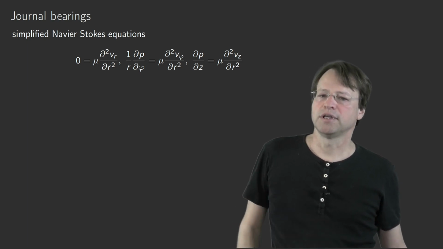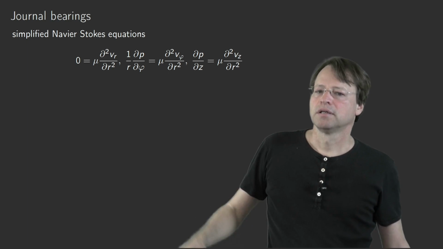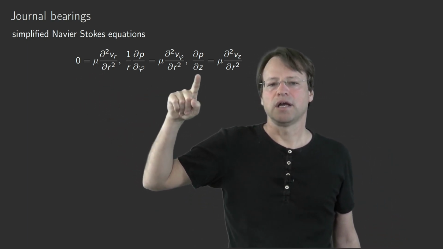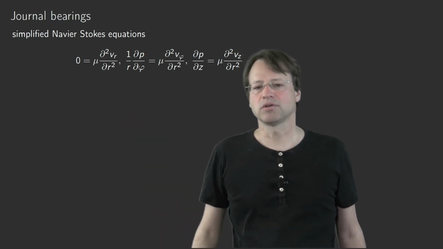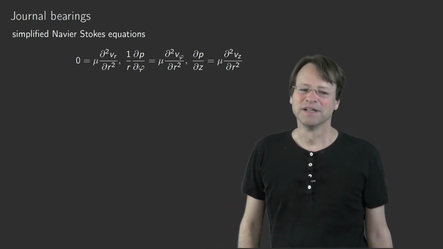And then integration is quite simple, because in every case the term on the left-hand side is then a constant with respect to R. Keep in mind that the pressure does not depend on R anymore. Kicked off that dependence here.